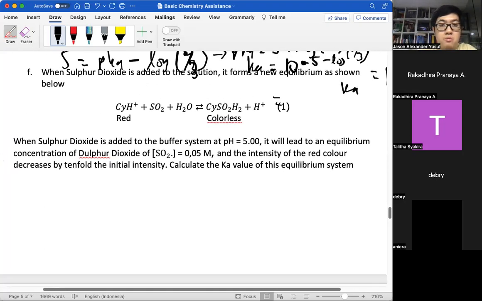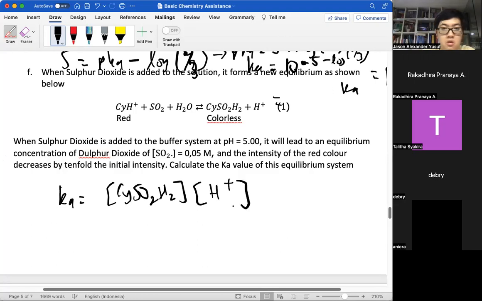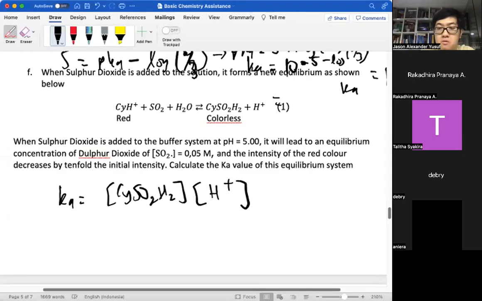Okay, so we have a new equilibrium system, so we have to calculate the value of Ka. So all you have to do is get the value of Ka. Wait, let me check something first.